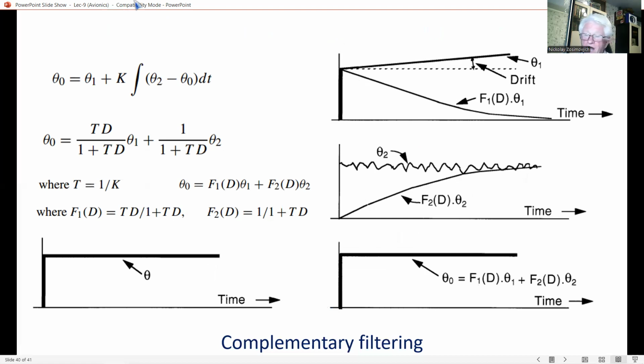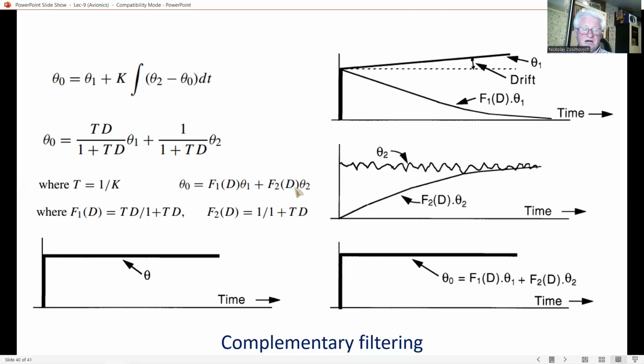So we can write theta naught proportional to theta 1 plus K times the integral of the difference theta 2 minus theta naught over dt, from which we can get the next expression for theta naught: Td over 1 plus Td times theta 1, plus 1 over 1 plus Td times theta 2. Here T is 1 over K. We can rewrite this as theta naught equals F1(D) times theta 1 plus F2(D) times theta 2.